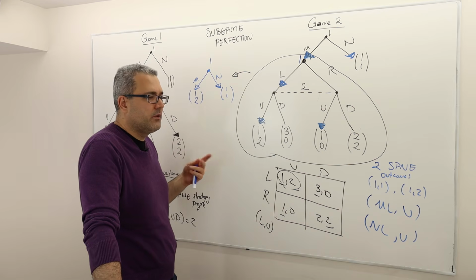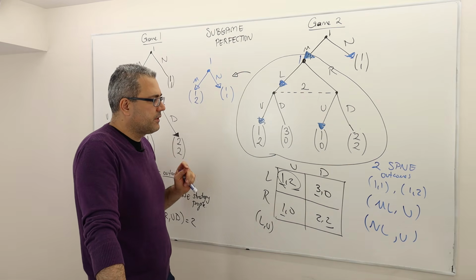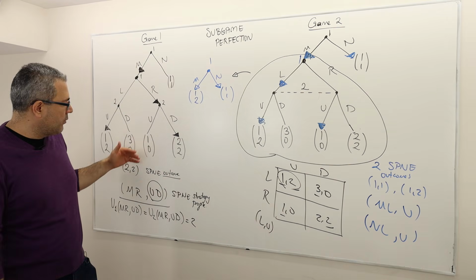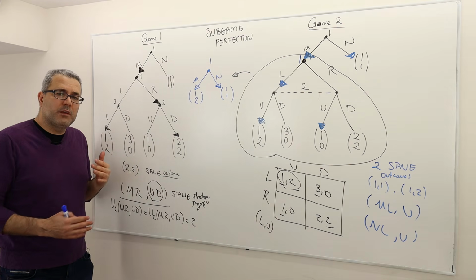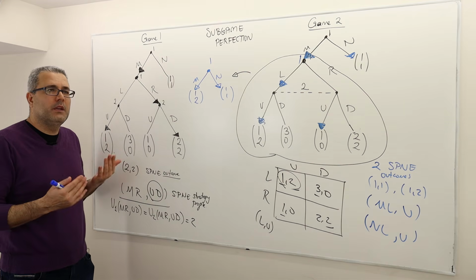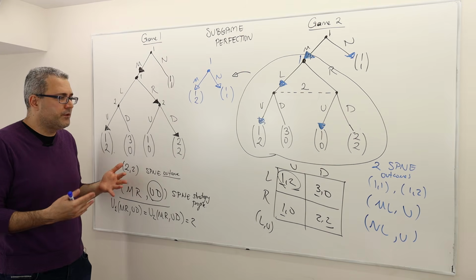So now I would like to compare these two games. The first comparison is the outcomes. In this game, we see that if subgame perfect Nash equilibrium is our solution concept, 2-2 is going to be the outcome, meaning we expect both players to end up with a payoff of 2.